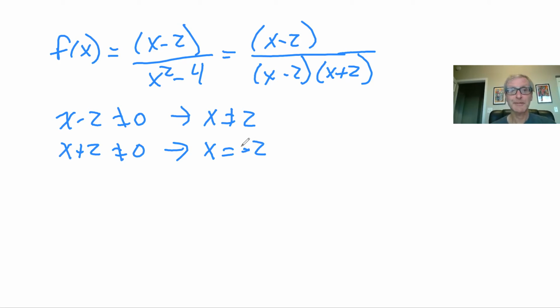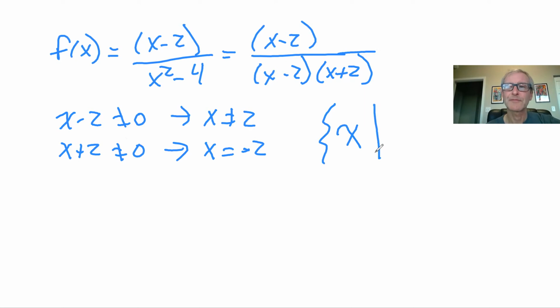So when you take a look at this, you have 2 points that are not in the domain. And again, I'm going to do the set notation because this is what you need to do in your My Math Lab homework. All values of x, this vertical line means such that, x does not equal minus 2 or 2.